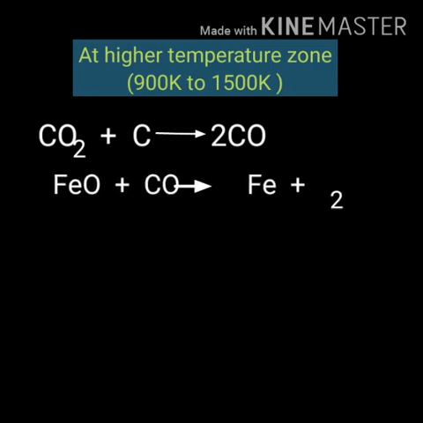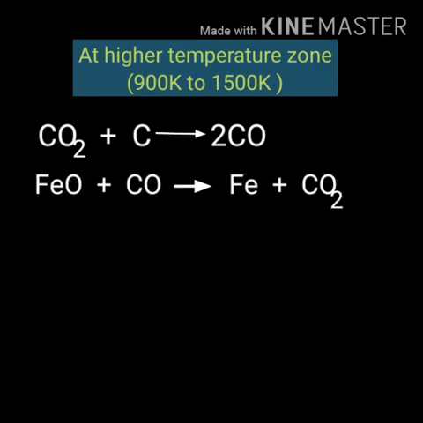Now see the reactions occurring at the higher temperature range, that is 900 to 1500 Kelvin. Carbon dioxide moves upwards and combines with coke and is reduced to carbon monoxide. And ferrous oxide is reduced by this carbon monoxide to iron.